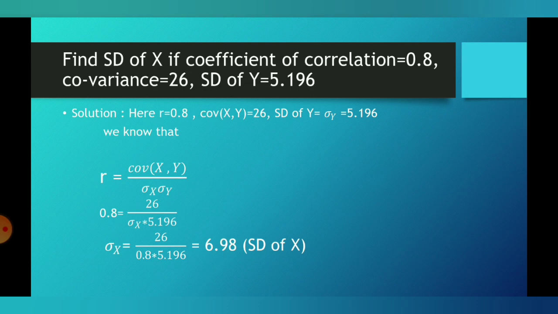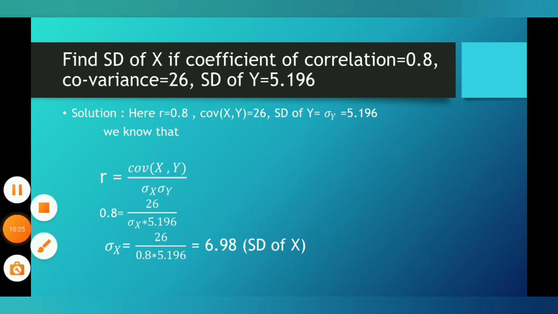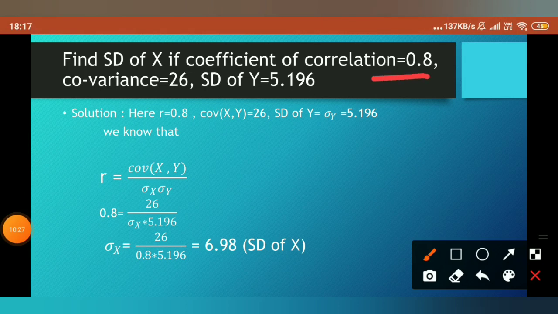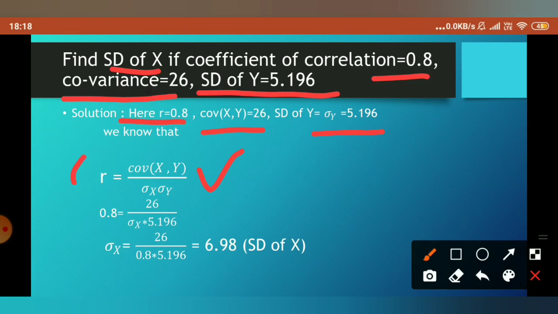Now see one more question in which we have to find the standard deviation of x if the coefficient of correlation is given. In this question, the coefficient of correlation is already given, the standard deviation of y is given, and the covariance of xy is given. So here we use the first formula, the definition of coefficient of correlation. We put in r, the covariance, and sigma y.